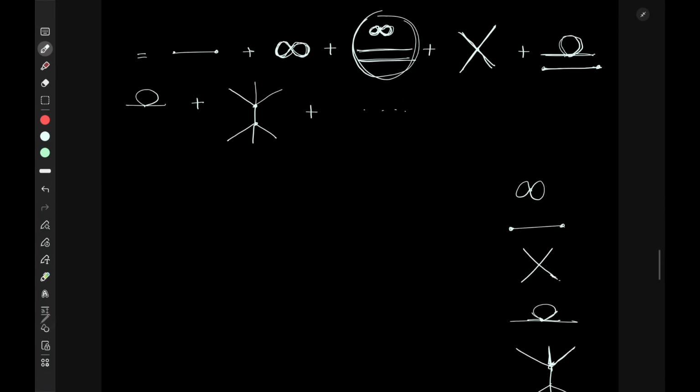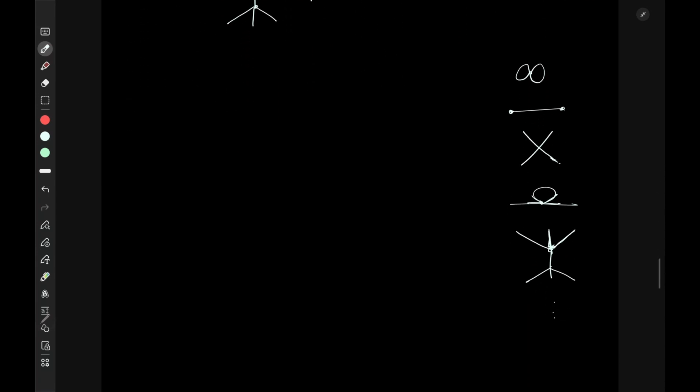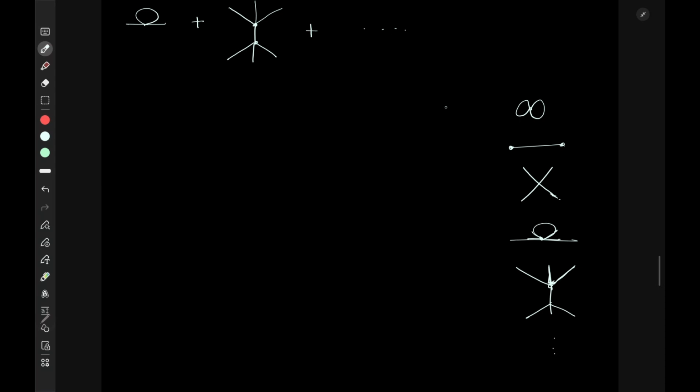Okay, let's consider this. We need some language to set up the formalism. Let me label these connected diagrams. For I being 1, let's say I'm talking about this diagram. For I being 2, I'm talking about this one. For I being 3, let's say I'm talking about this one.